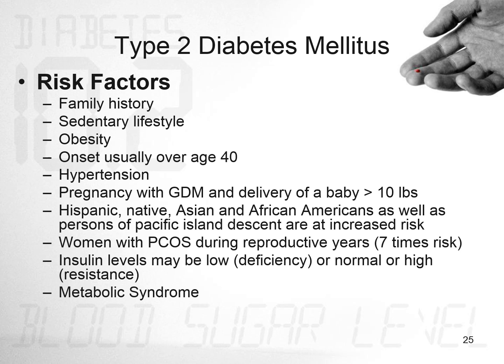Hispanics, Natives, Asian and African Americans, as well as persons of Pacific Island descent are at increased risk. And women with polycystic ovarian syndrome during those reproductive years have a 7 times greater risk. Insulin levels may be low, deficient, or normal, or high where they have a resistance. And then metabolic syndrome can actually be a risk factor too.